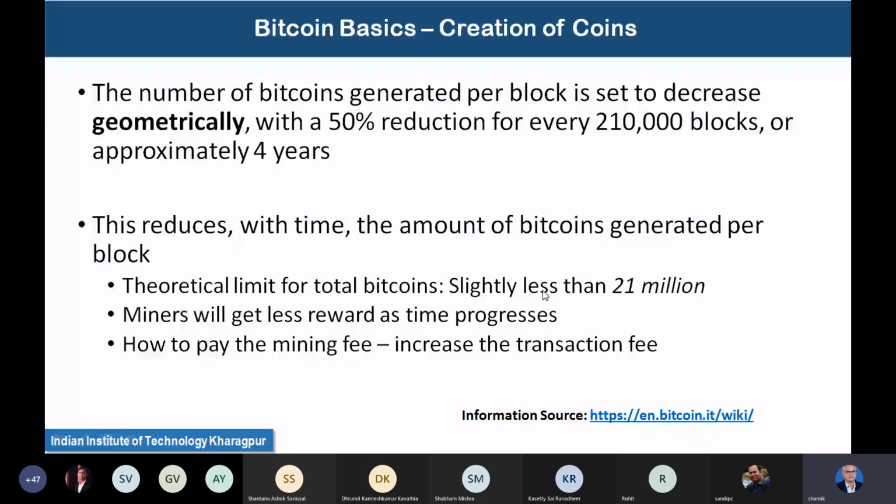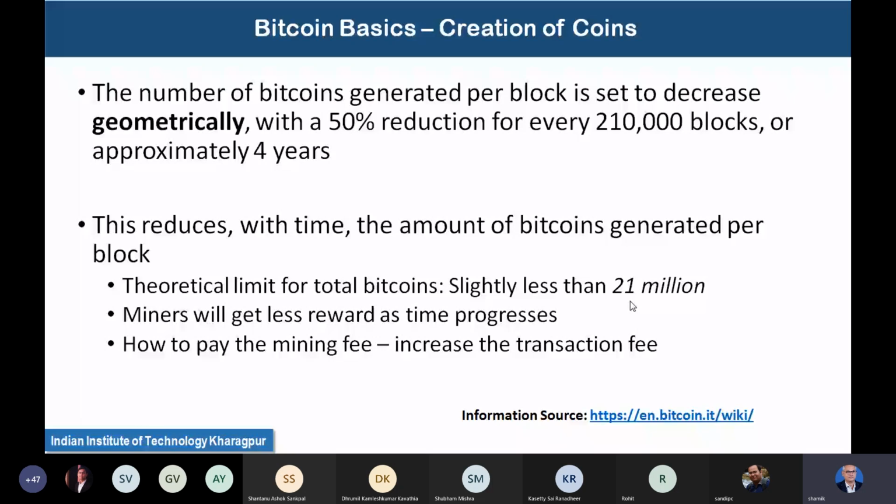And what is done is that the number of bitcoins that are minted, generated per block, decreases geometrically with a 50% reduction for every 200,000 blocks, or approximately 4 years. Okay, so if you consider 200,000 blocks and multiply by 10 minutes, and divide by the number of hours in a day and days in a year, you will see that it comes to 4 years. Okay, so the design of this Bitcoin network was done by Satoshi keeping that in mind.